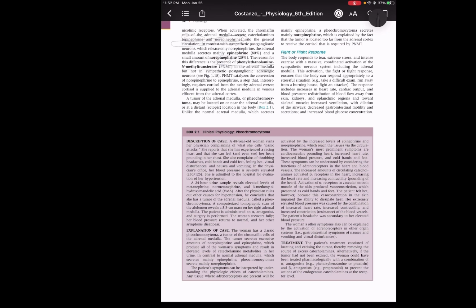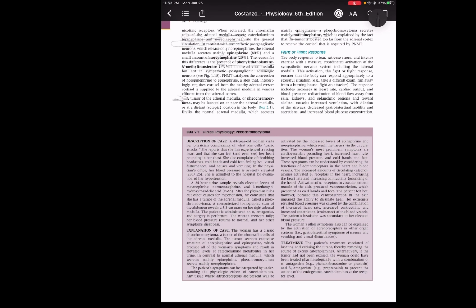Then, a tumor in the adrenal medulla, or pheochromocytoma, may be located on or near the adrenal medulla or at a distant ectopic location in the body. Adrenal tumors secrete mainly epinephrine. A pheochromocytoma secretes mainly norepinephrine. Always remember that.